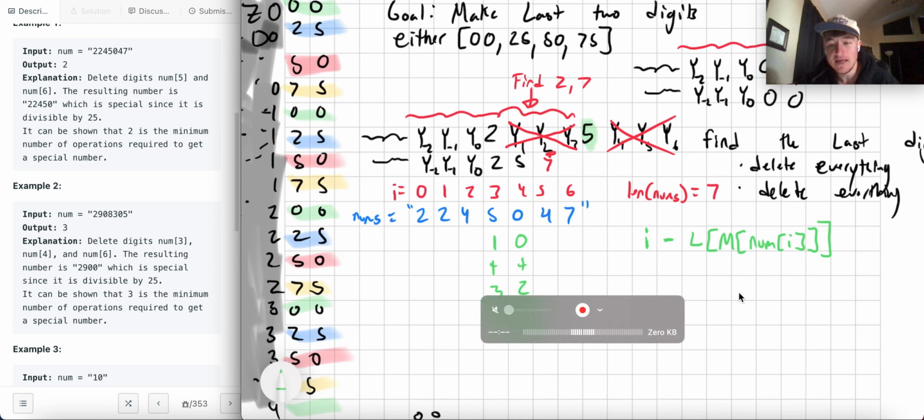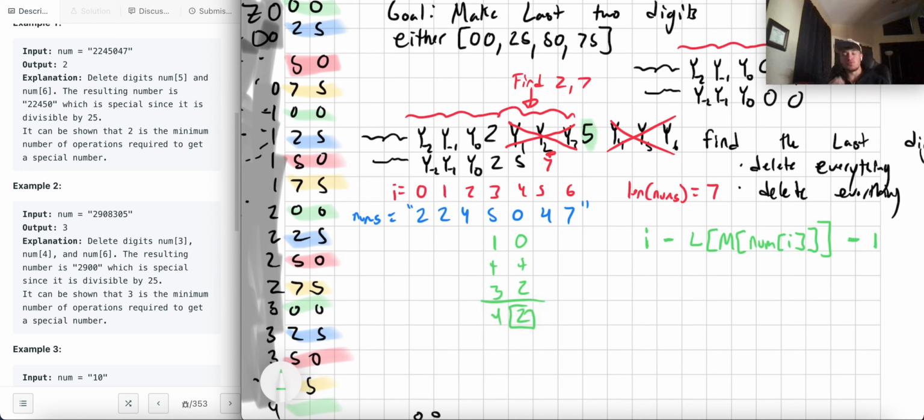But basically, I take I as the index. I look at the num at I, which is 0, and I say, what's the match for 0? The match for 0 is 5. And when's the last time I've seen a 5? Well, that's at 0, 1, 2, 3. That's at 3. So if the index is 4 and 3, how many do I have to delete in between? I delete 0 in between, so I subtract 1 from that.